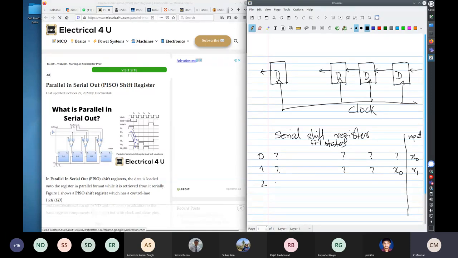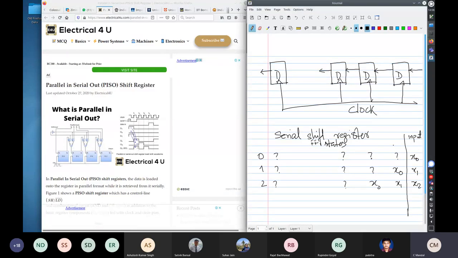So at time 2, this will be x0 and this will be x1. Let us say over here you have input x2.